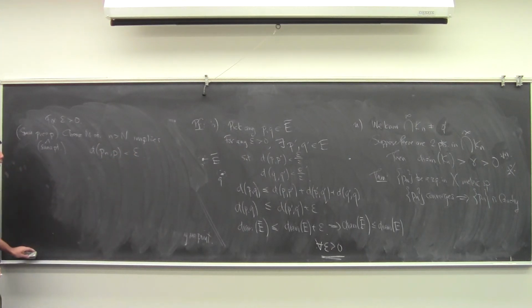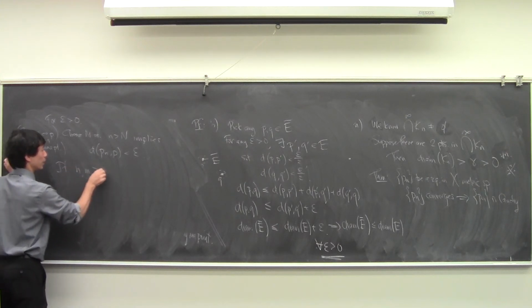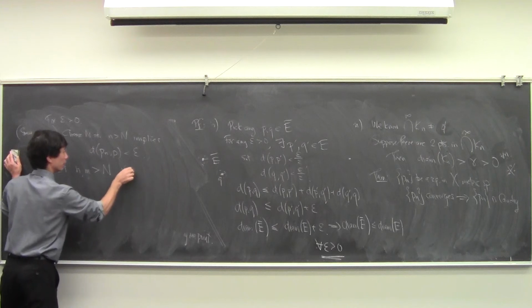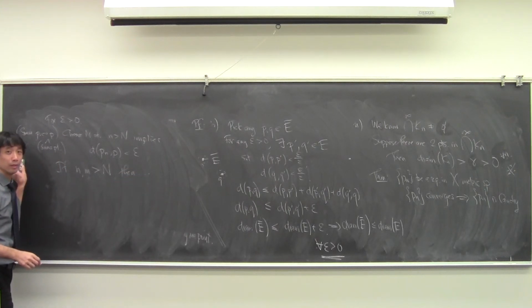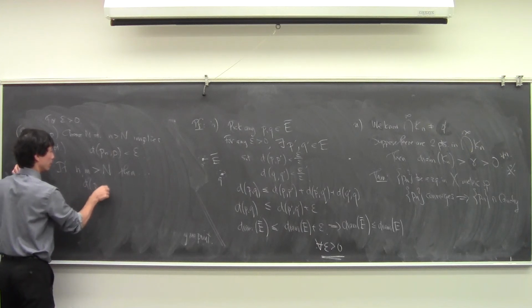And then bring another point: if n and m are bigger than N, then the distance from Pn to Pm is also less than epsilon.